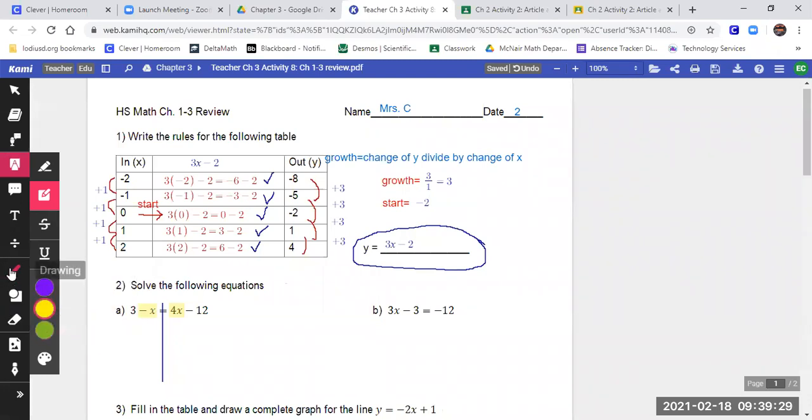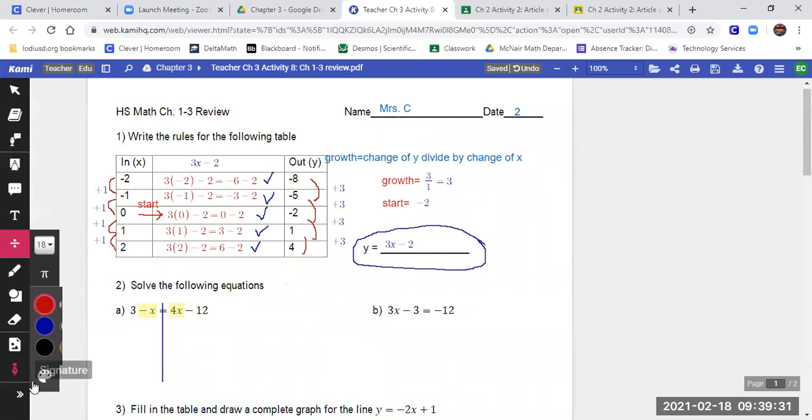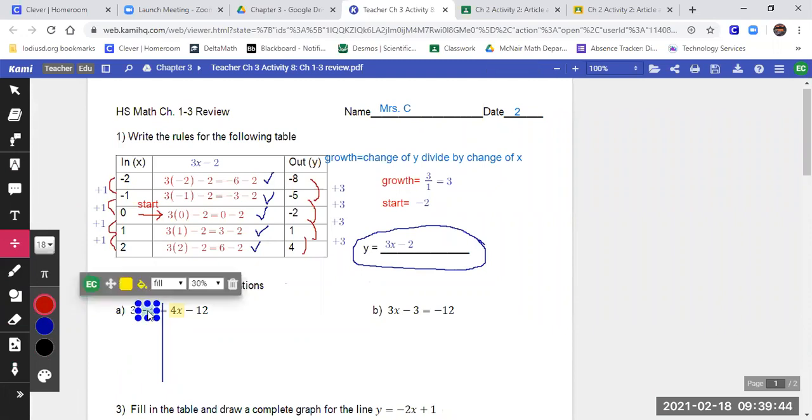Okay, what does negative x really mean? How many x's are there if it's a negative x? What number is in front of that x that we just don't see, but we know is there? 1. So this is saying negative 1x.